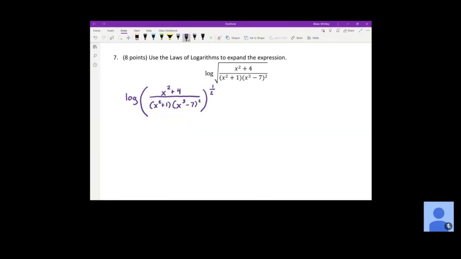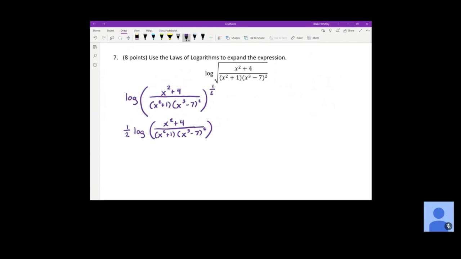Okay, we can move the 1/2 out to the front, right? And then we can also split up that multiplication in the denominator into addition, right? So we're gonna have to do all those things. First thing I'm gonna take care of though is this 1/2 goes with the entire logarithm. So I'm gonna move it to the front and rewrite this as 1/2 log of all of this other stuff, right? So x squared plus 4 over x squared plus 1 times x cubed minus 7 squared. So since that 1/2 goes with all of those terms, I go ahead and move that out front to begin with.